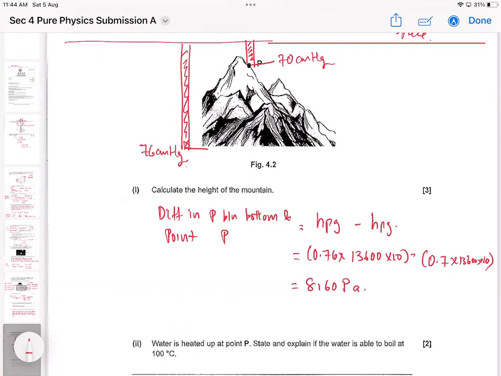Okay, the difference in pressure is 8,160 Pascal.